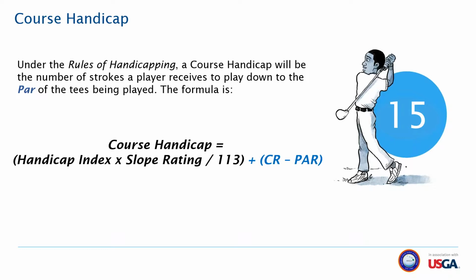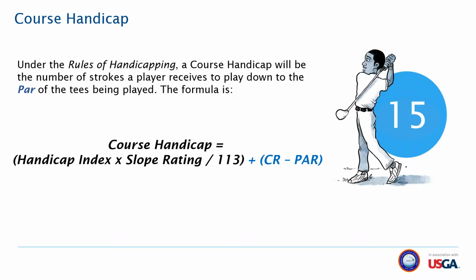And this poses the most significant change for golfers in the United States, as under the current USGA handicap system, course handicap represents the number of strokes needed to play to the course rating for the tees being played. And in 2020, the benchmark will now be par, which may be intuitive to many, but will generate questions starting in 2020 because their course handicap will change as a result of the new calculation.